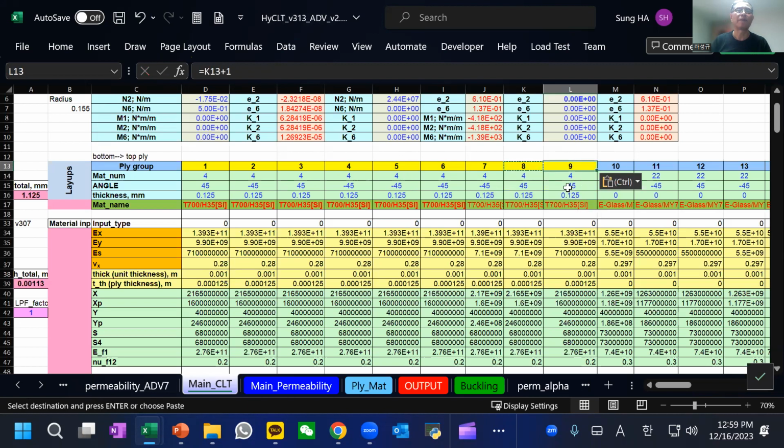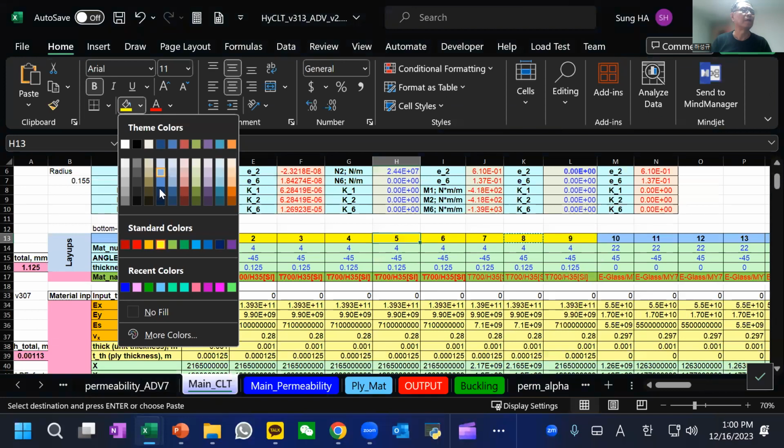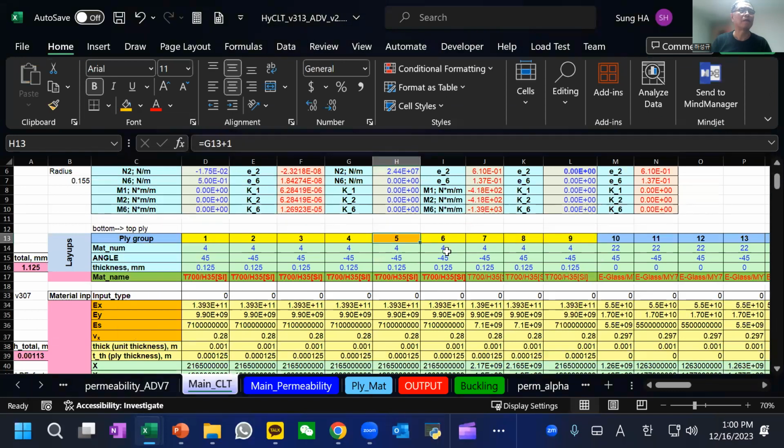So now this center one will be the core. Let's define this one as the core. Let's try to distinguish like this.